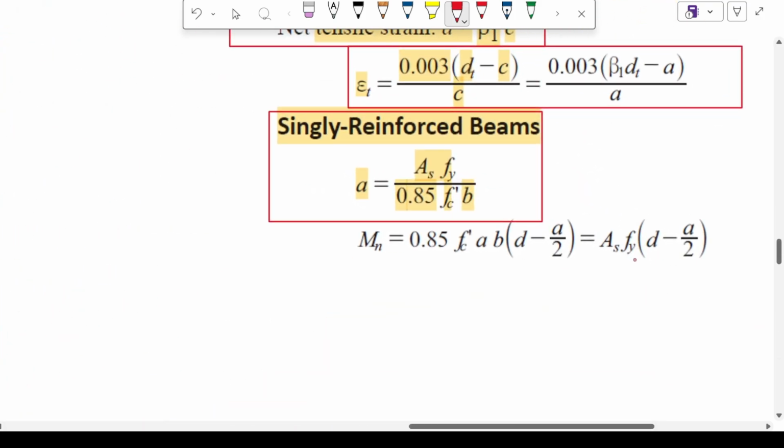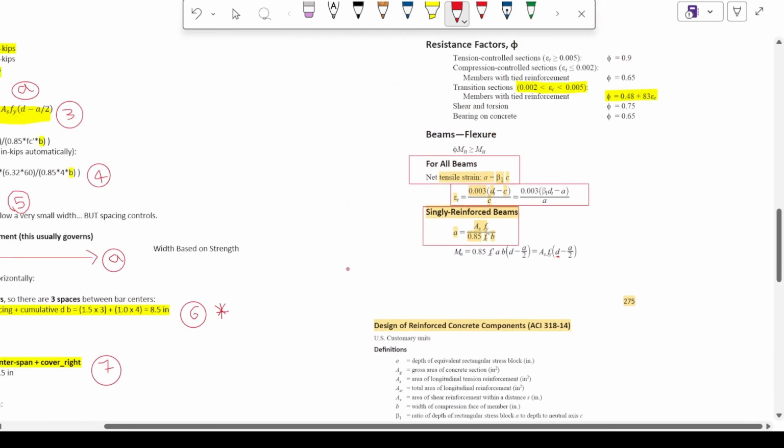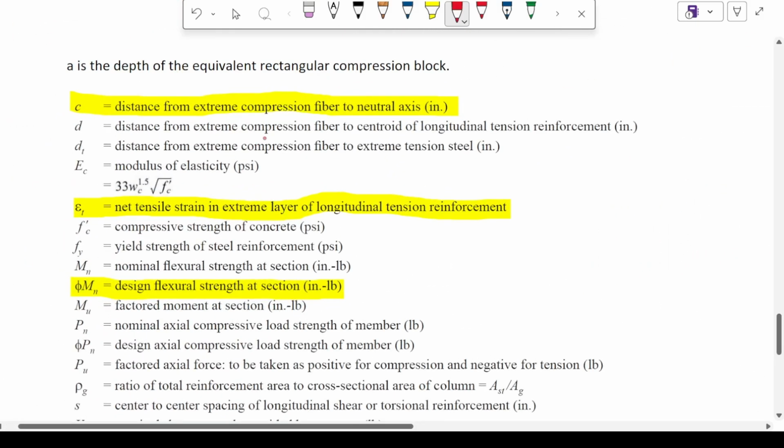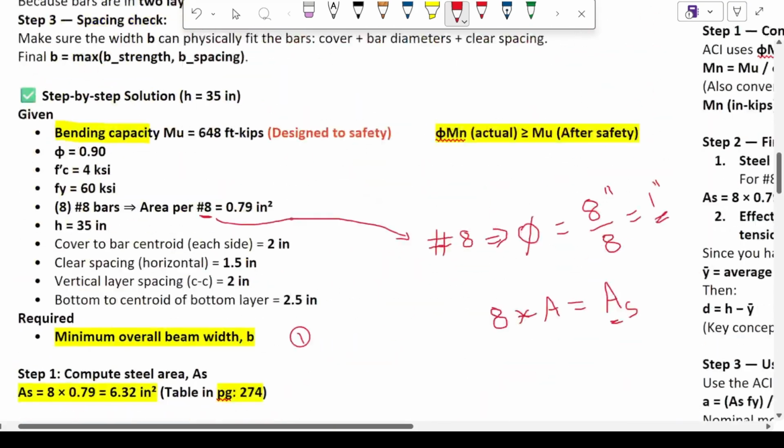Fy is given in the question, the yielding strength. And then d. According to the definition provided in the FE reference manual, d is nothing but the distance from the top to the centroid.